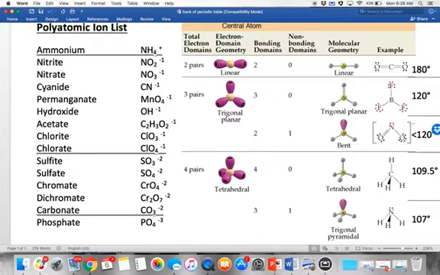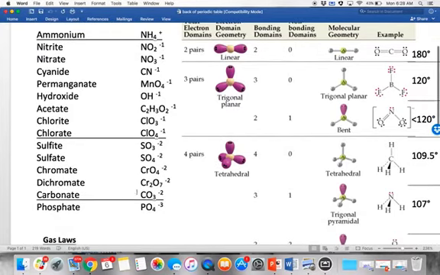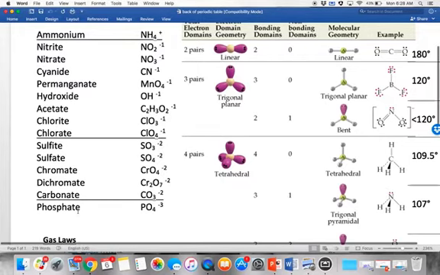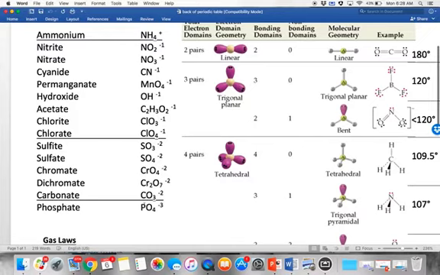And then we have nitrite and nitrate and cyanide and permanganate and hydroxide. The ones from nitrate down to chlorate, notice they're all with a -1 charge. Sulfite, sulfate, chromate, dichromate, carbonate, the next group here, all have a -2 charge. And at the very bottom, there's phosphate, and that is a -3 charge.